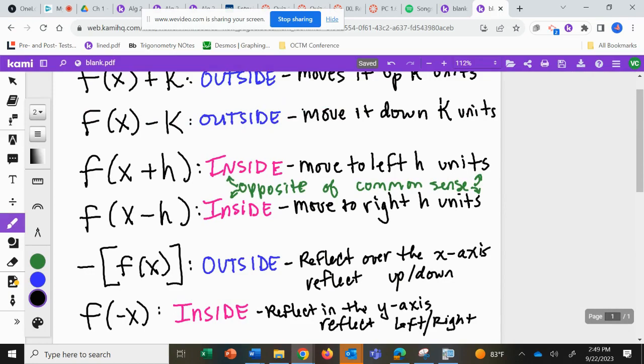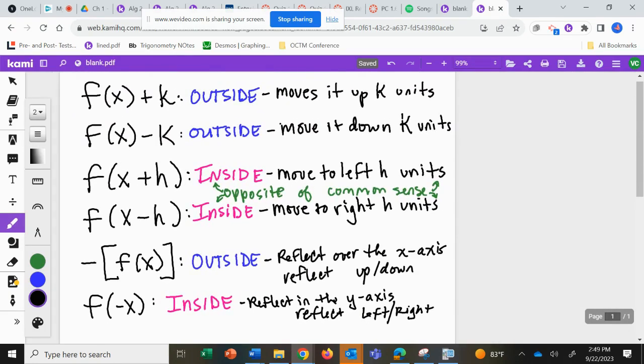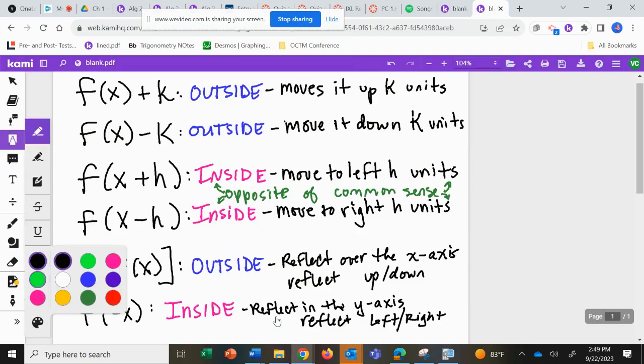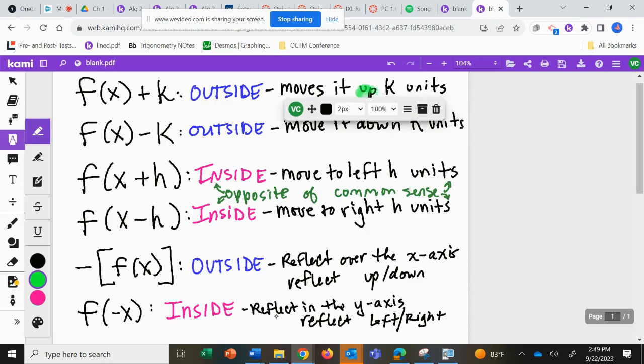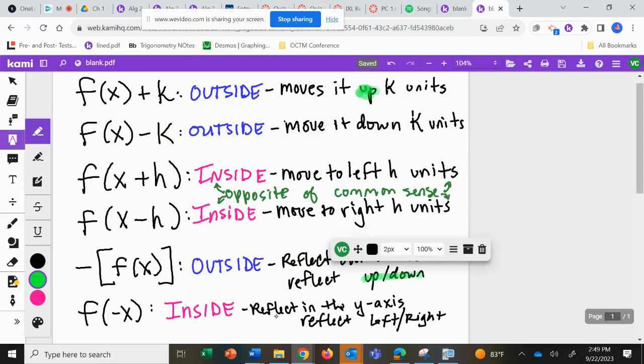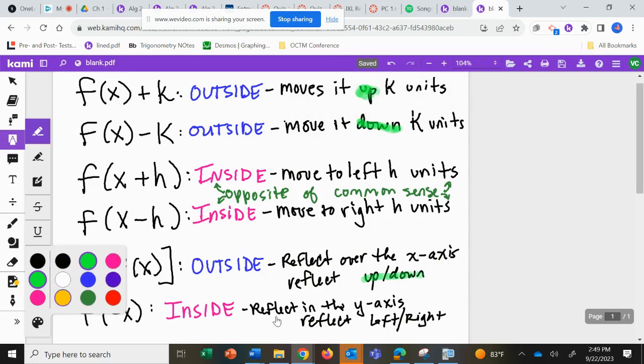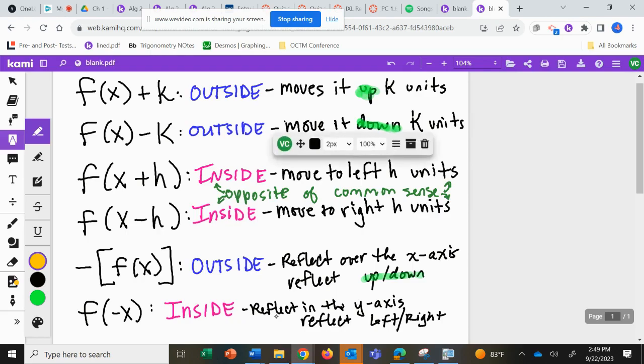Okay. We're going to try some examples. Real fast, when you're looking at all of these, look at the direction the ones that say outside go, and the ones that say inside.